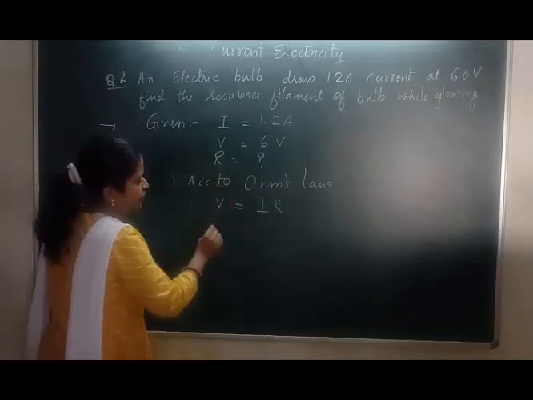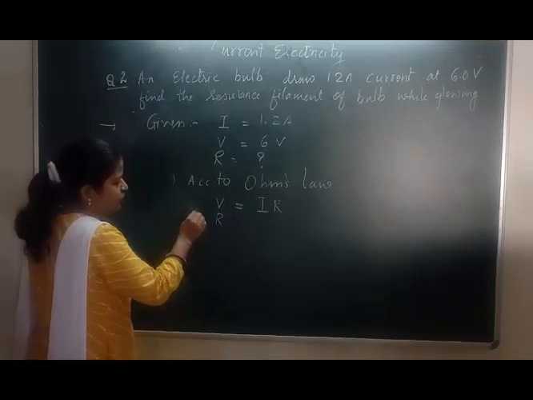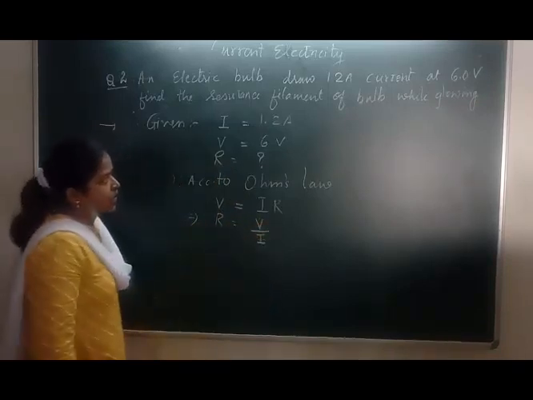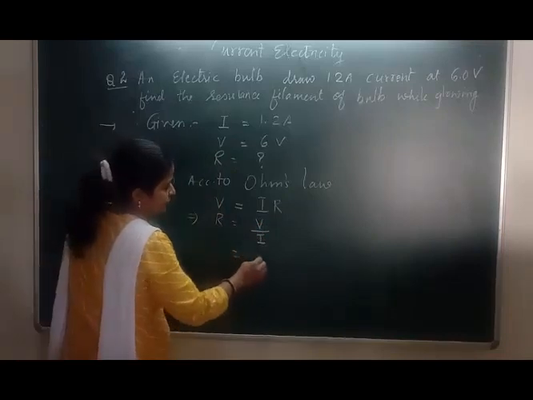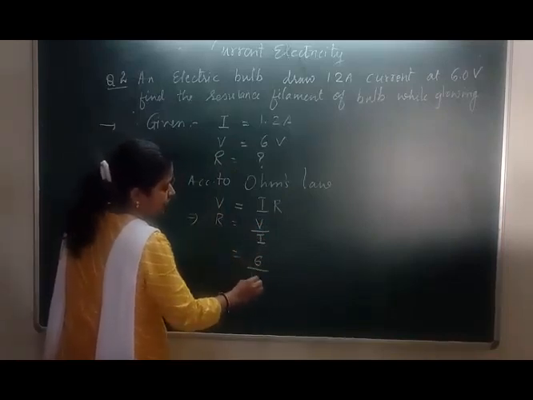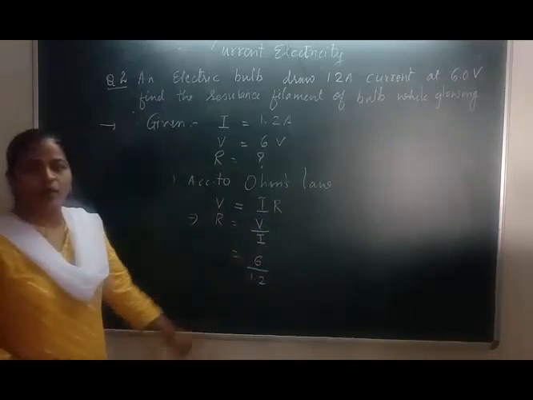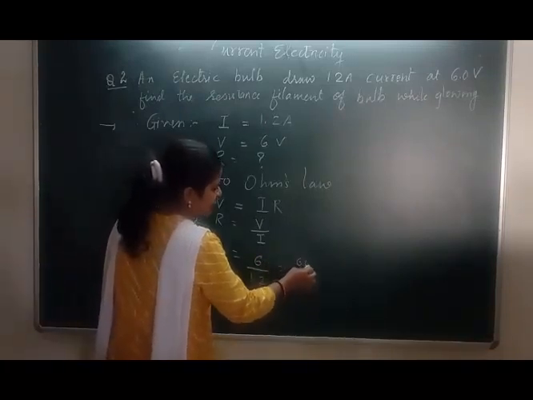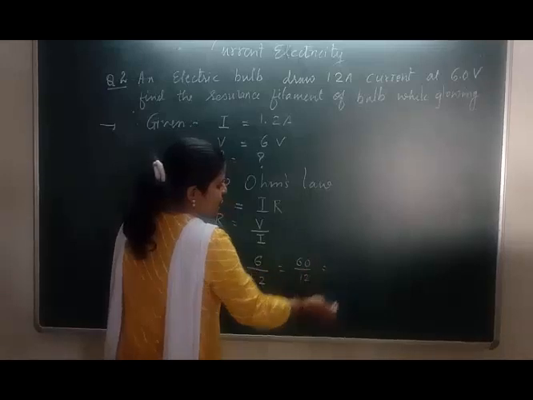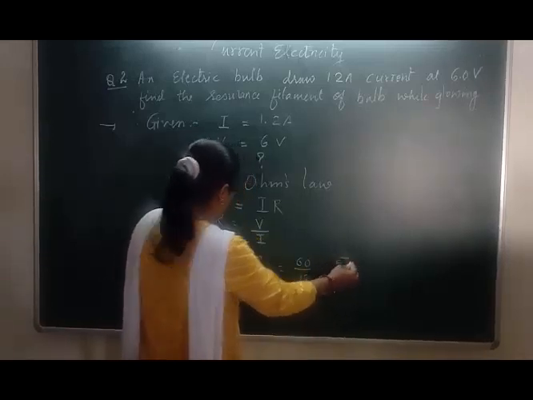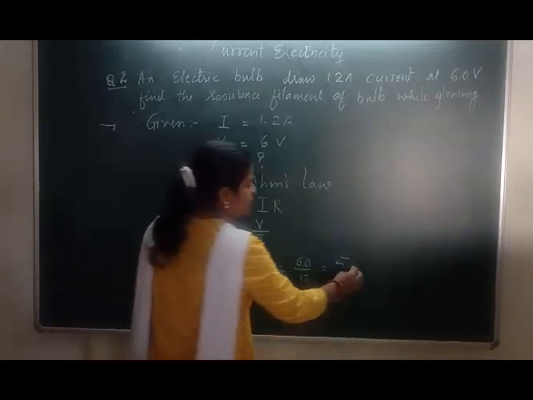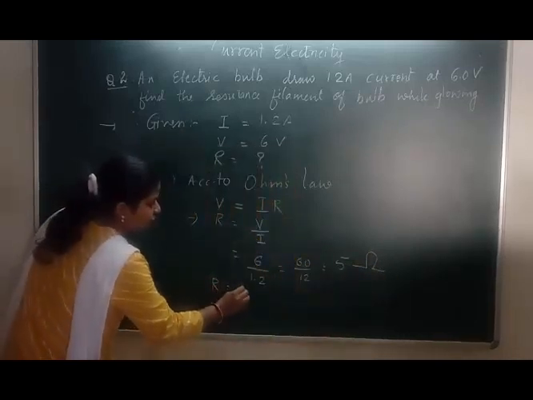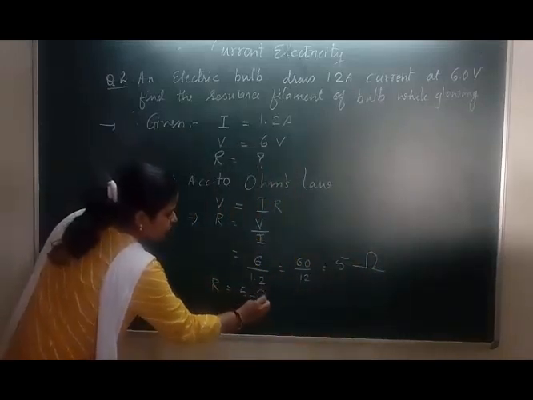So we are going to find it out the R. So we get R is equal to V upon I. Put down the value 6 upon 1.2. 6 upon 1.2. So to remove the point we will get as 60 upon 12. It is 5. Unit of resistance is ohm. So your resistance is equal to 5 ohm.